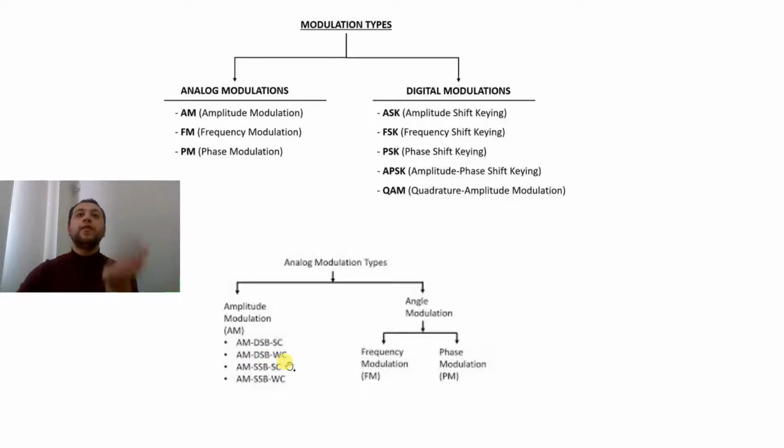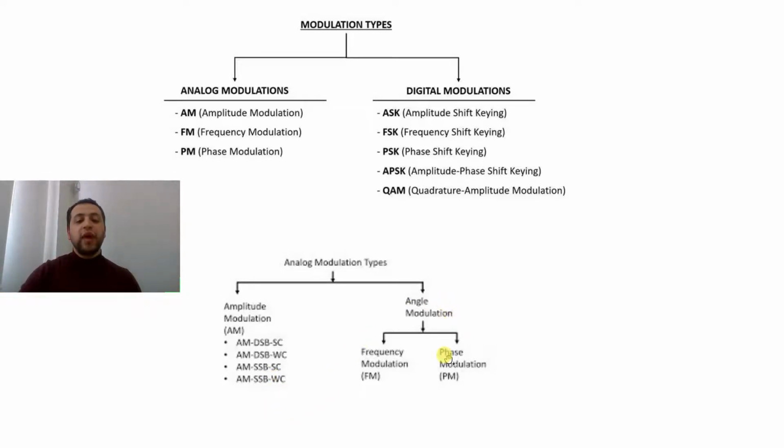Amplitude modulation, double sideband with carrier, WC means with carrier. And also single sideband with carrier and suppressed carrier.